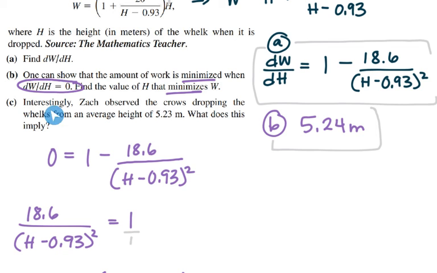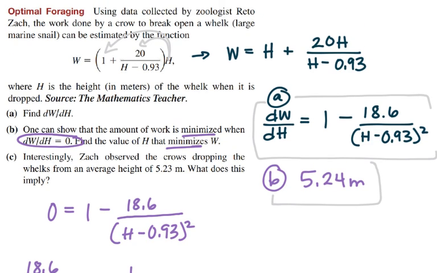Now, interestingly, Zach, the zoologist, he's a zoologist, I believe, right? Yes, the zoologist. He observed these crows dropping the whelks from an average height of 5.24 meters, or 5.23 meters. What does this imply? The crows figured out how to do the least amount of work in order to break the whelk and get that disgusting snail inside.